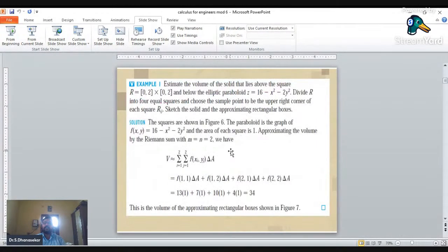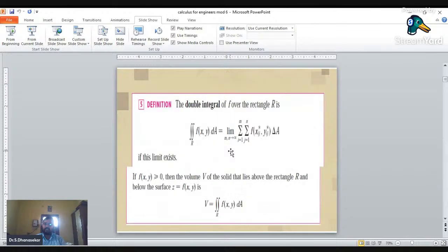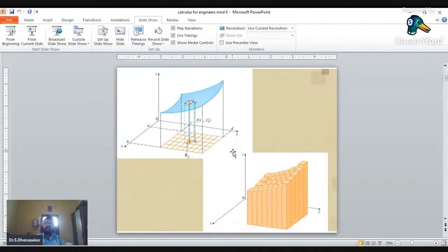Now in the double integral, what we are finding out is a very important part we have to remember always. We are going to find out the volume of the solid under the surface z and above the xy plane. That is the very important observation we have to make.